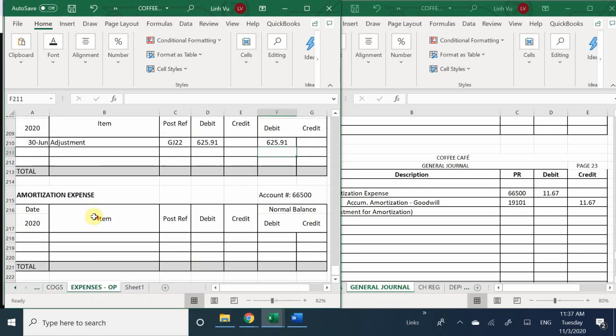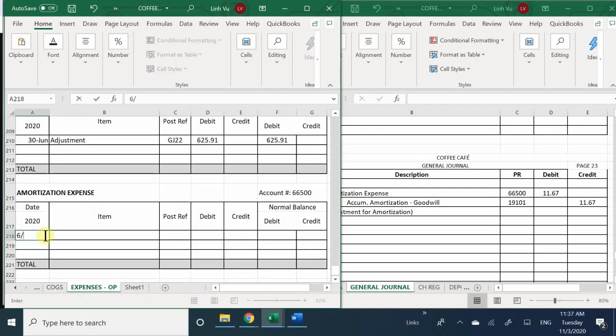So here, operating, amortization, $1167.